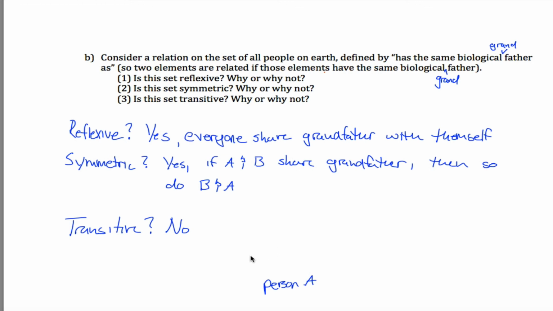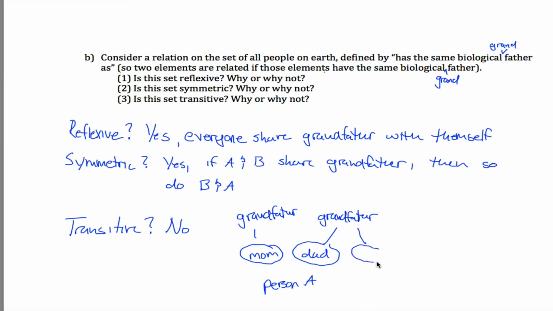Mom, dad, and grandfather. And there's a grandfather over here also. So this grandfather might have had multiple children, so not just dad, but they might also have this guy, who I guess would be person A's uncle.